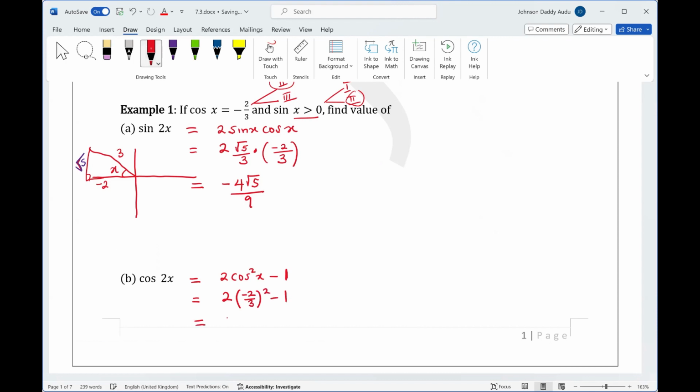And this is just going to be 2 multiplied by 4 over 9, and 1 we can write as 9 over 9, right? So 2 times 4 is 8. So we have 8 minus 9 over 9, which is simply minus 1 over 9.